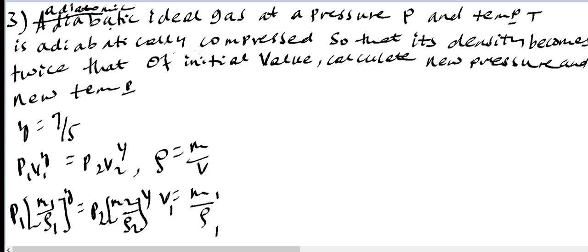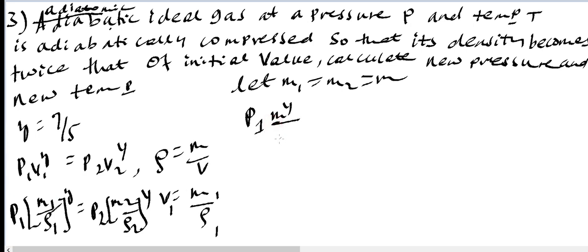The mass is the same, which means m1 equals m2, which we call m, because it is one object, one diatomic gas body with the same mass. So P1 m to the power of gamma over density 1 to the power of gamma equals P2 m to the power of gamma over density 2 to the power of gamma.